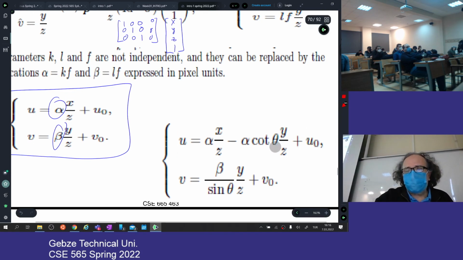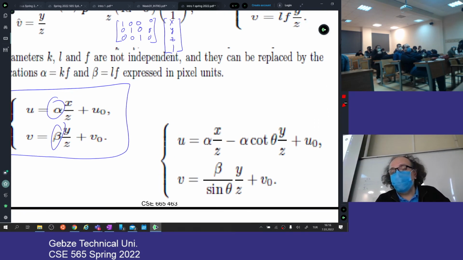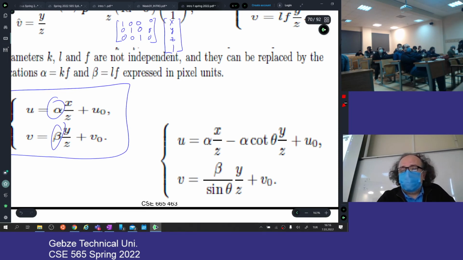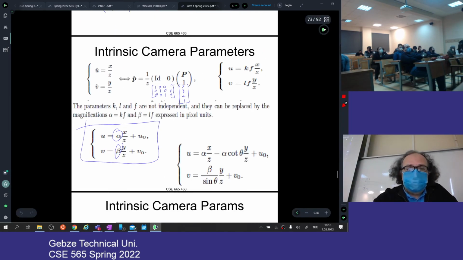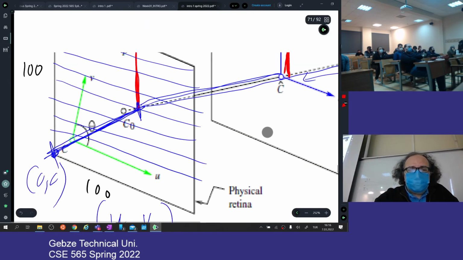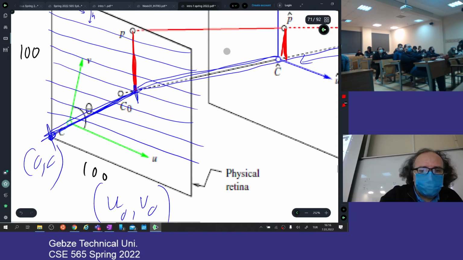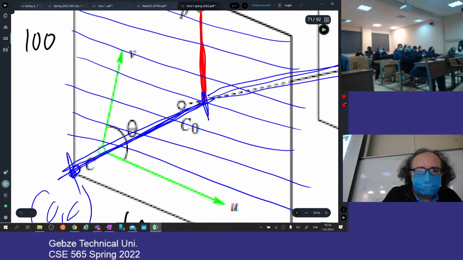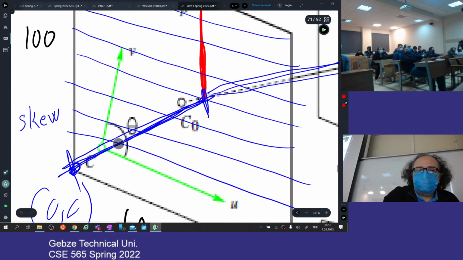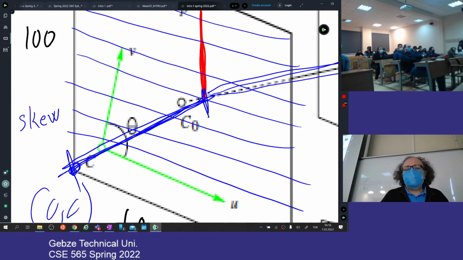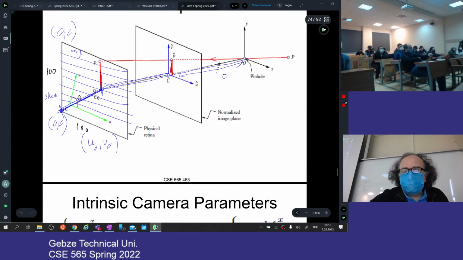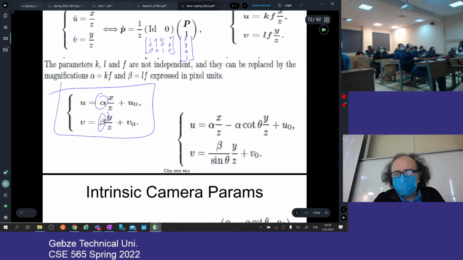And I am not going to talk about this, but if you like to take this theta angle into consideration too, that is the skew angle, this is called skew. If it is different from 90 degrees, if you like to put that into consideration, then you can do that with this formula. See, what is the sine of 90 degrees?